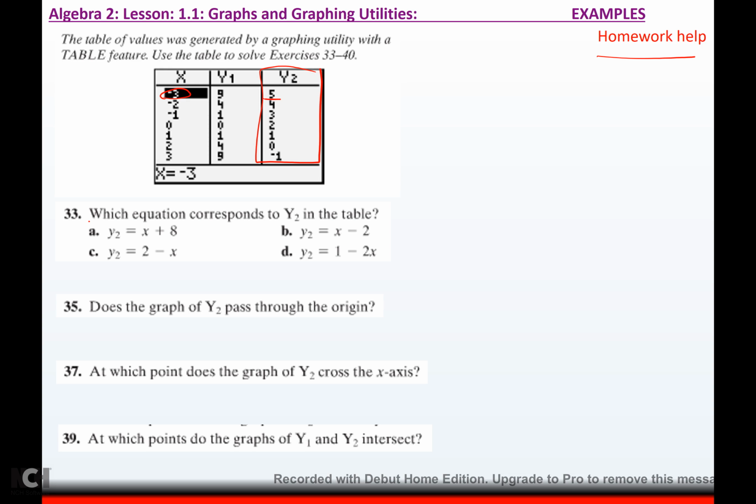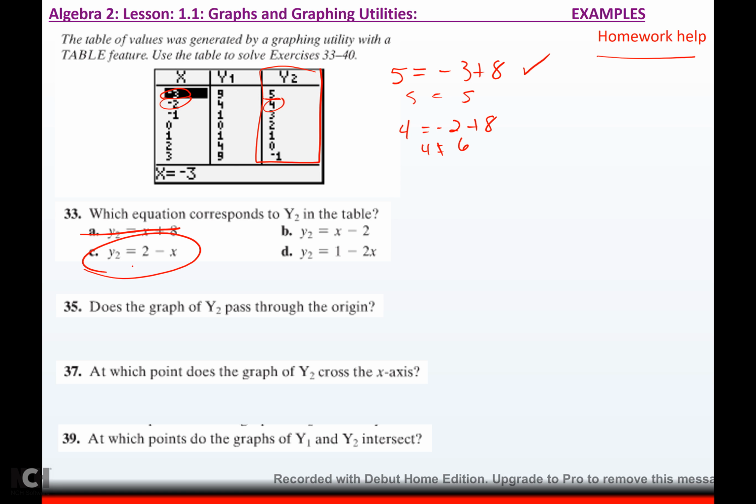Well, if I take A and I check it, does 5 equal -3 plus 8? Yes, it does. So let's check the next one, -2 and 4. If I plug in 4 for y and -2, I would get 6. 4 does not equal 6, so it can't be A.